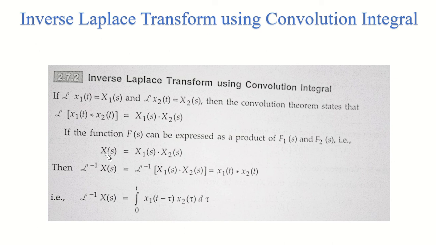You can take the inverse Laplace transform of x of s, and you will put this value here, x1 of s into x2 of s. So what is x1 of s into x2 of s? Basically it is x1 of t in convolution with x2 of t, right? So that is also true. That works both sided.